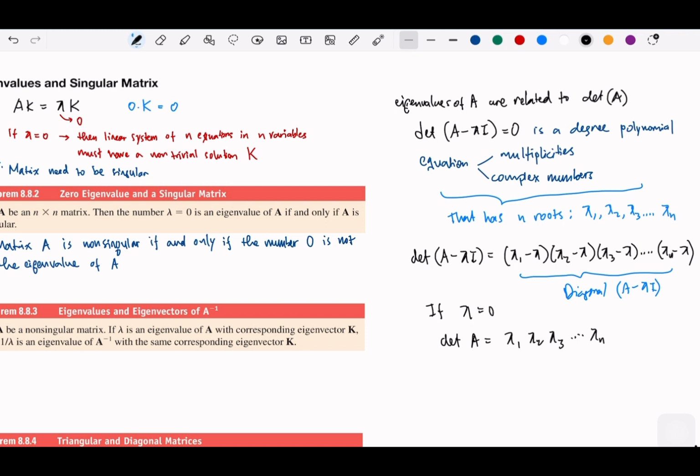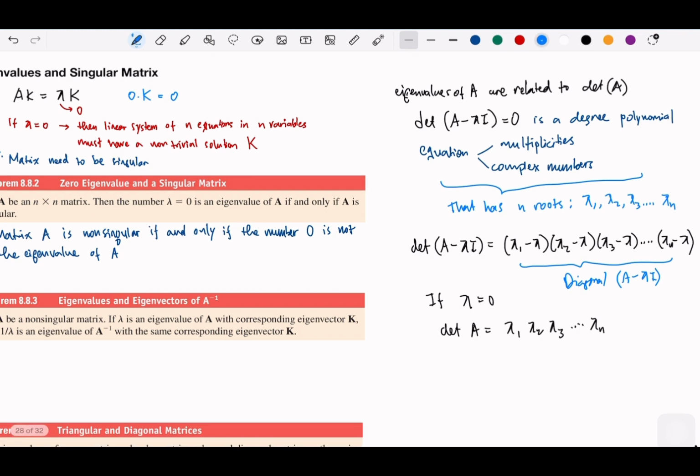So the determinant of A is the product of its eigenvalues.